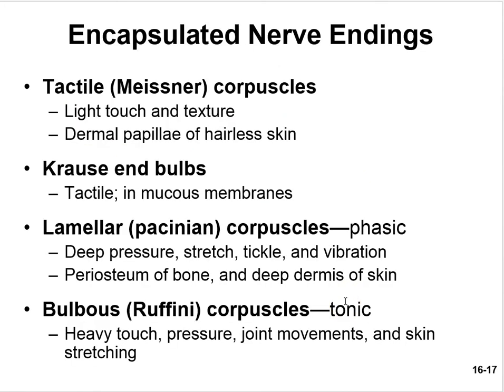Here's some of the different types of encapsulated nerve endings, like the tactile, or if you remember talking about skin, the Meissner corpuscles, the Krause end bulbs, the Pacinian corpuscles or lamellar corpuscles, and then the bulbous Ruffini corpuscles.